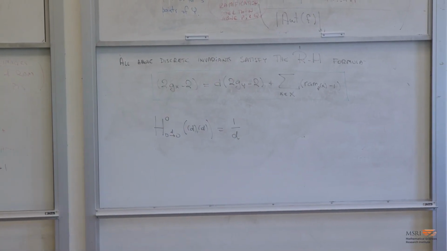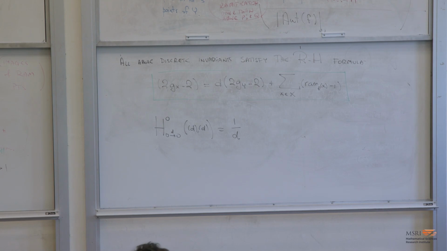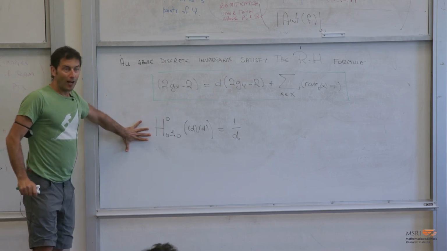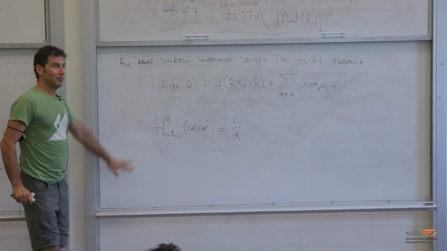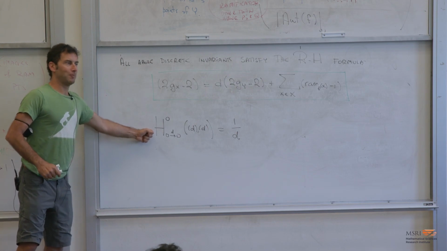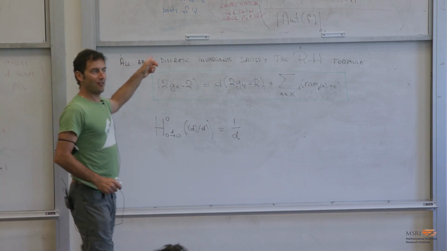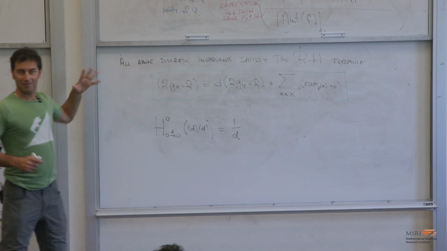How can I have 1 over d covers? In this case, I have one cover, but this cover has a group of automorphisms of order d. It's one of the exercises in the notes to do this computation, because it forces you to be really honest about the notion of isomorphism and automorphism of maps of Riemann surfaces.